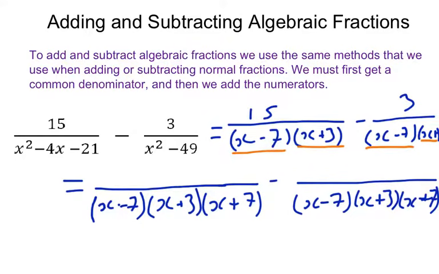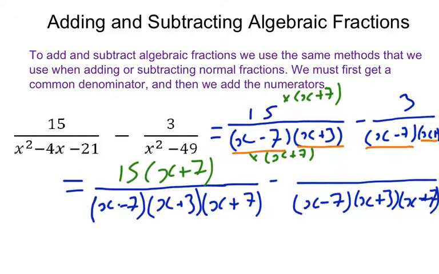And then we have to look at what we did to the two denominators. For the first one, we multiplied by x plus 7, so we have to multiply the top by x plus 7 as well, which gives us 15 brackets x plus 7. And for the second one, we have to multiply by x plus 3. So at the top, we have to multiply by x plus 3, giving us 3 brackets x plus 3.